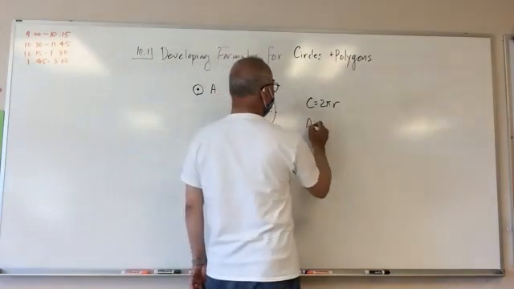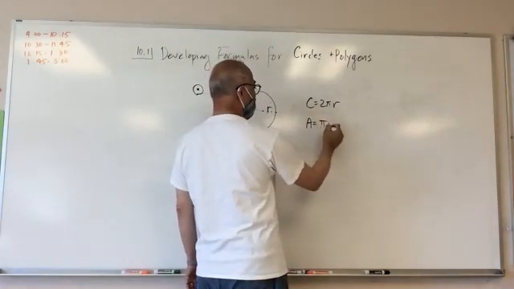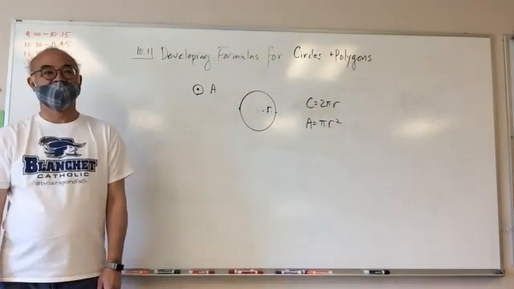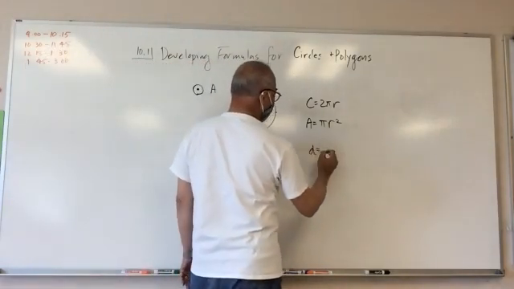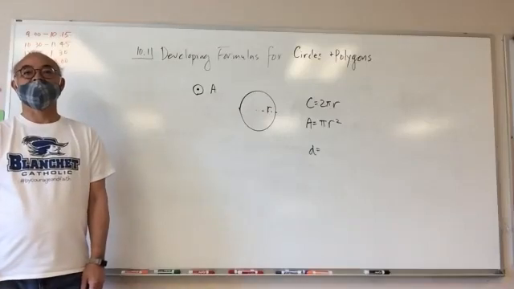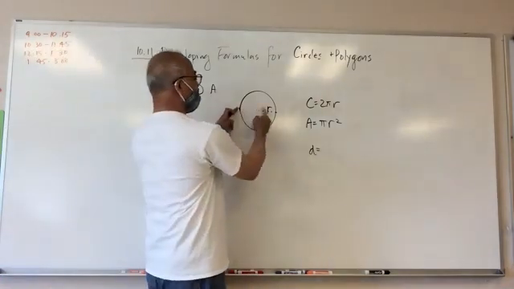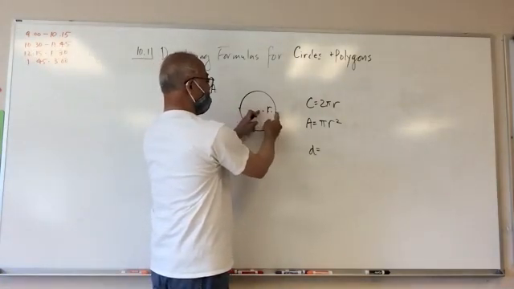Area is equal to what? Pi R squared. And it would tell you what the diameter is. Diameter is nothing more than 2 times the radius, right? Because the diameter is from here to here, correct? You're just stacking 2 radiuses here, right?